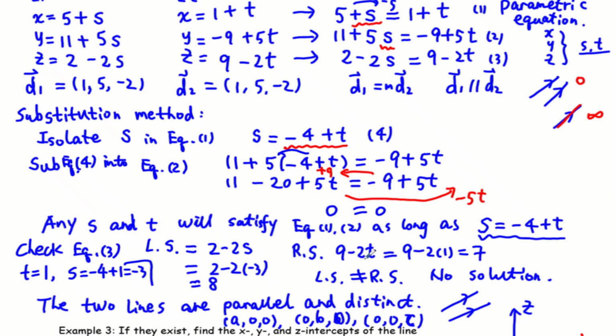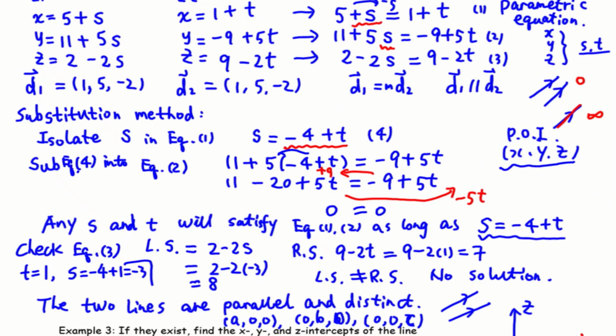Then you sub s and t to find the x, y, z coordinates, and you find the point of intersection. But only after the third equation's left side equals the right side do you find the point of intersection.